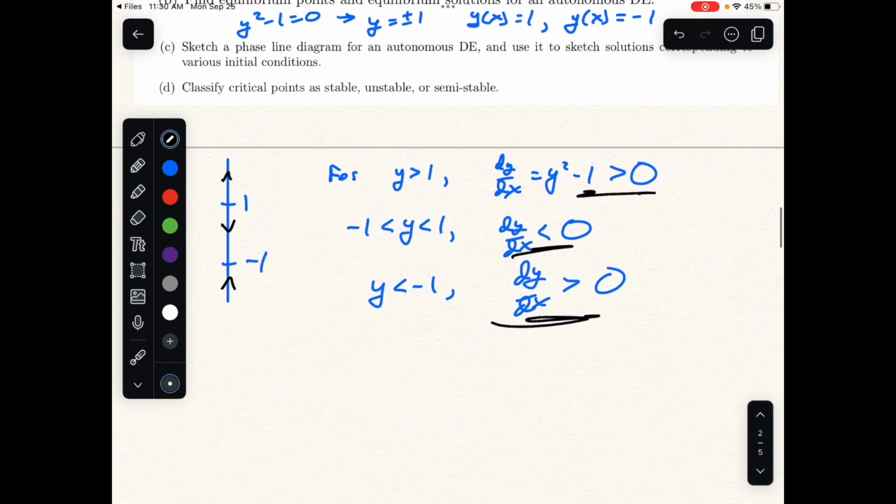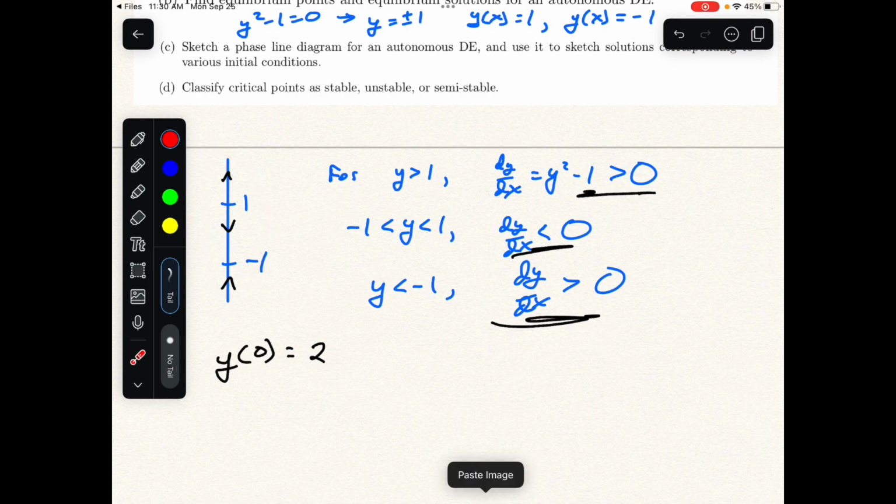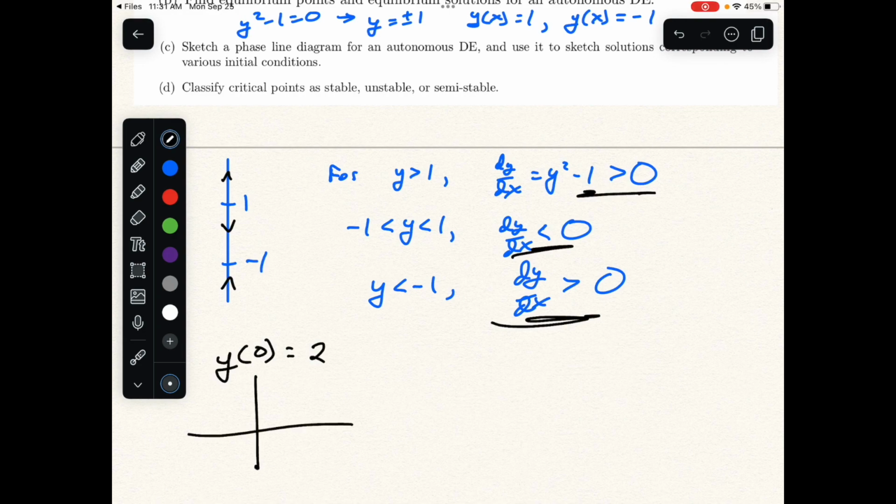So basically, if I just hand you an initial condition, like say y of 0 equals 2, then you say, all right, where does 2 fit on this phase line diagram? 2 would be up here. That's where the derivative is positive, and so it would have this general sort of shape. So here's 2 up here, and 1 was an equilibrium solution.